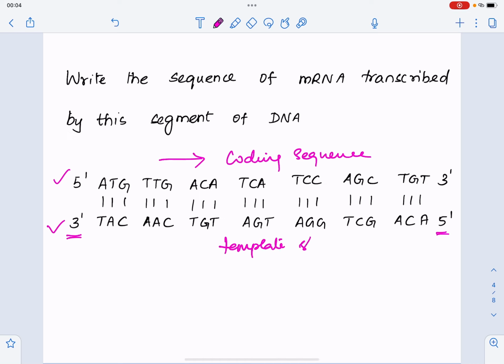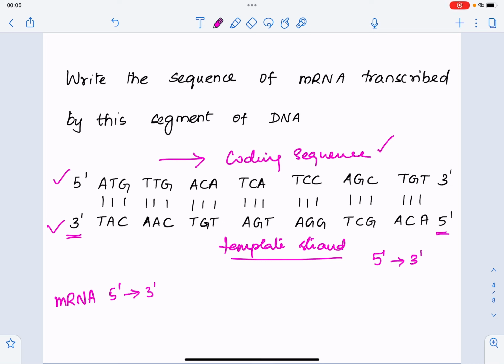We all know that transcription will take place in the 5' to 3' direction, so the template strand will always be in the 3' to 5' direction. This will be taken as the template strand, and the complementary of this template strand will be our mRNA in the 5' to 3' direction. Also, the mRNA will be the exact sequence of the coding strand, but you have to replace the T with uracil because mRNA consists of uracil and not thymine.